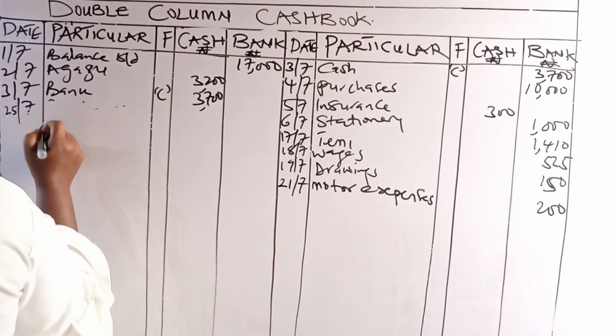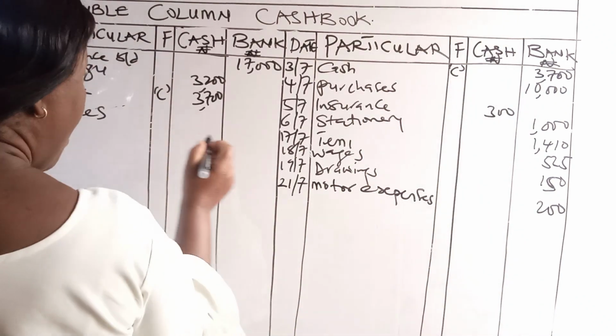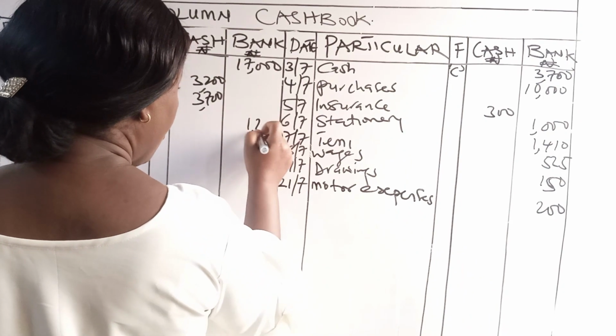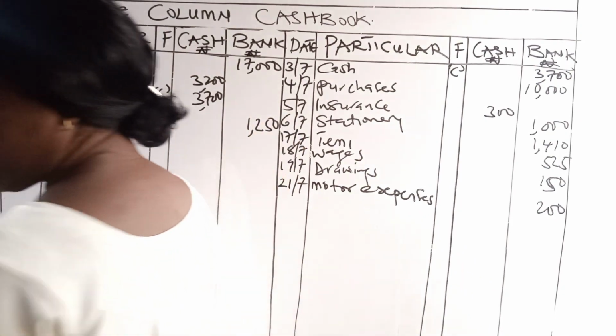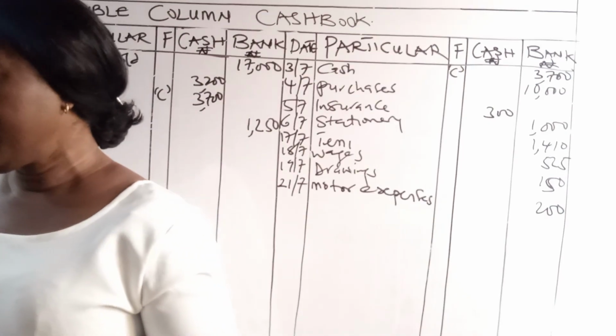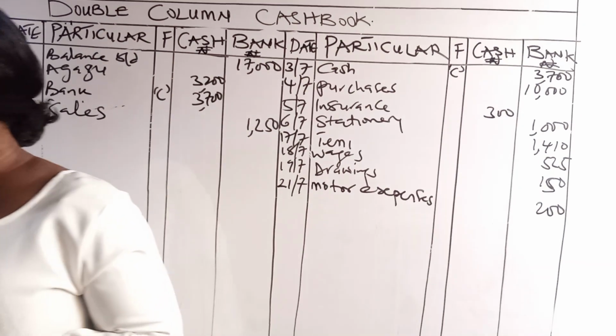The nature of the transaction, sales. Then 1250 will be written in the bank column, 1250 naira.